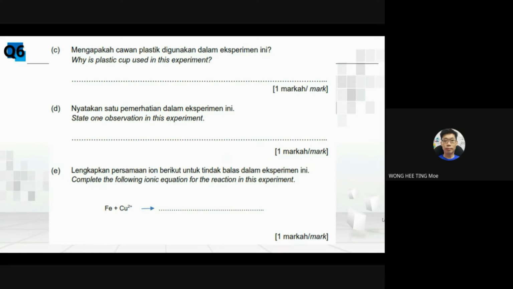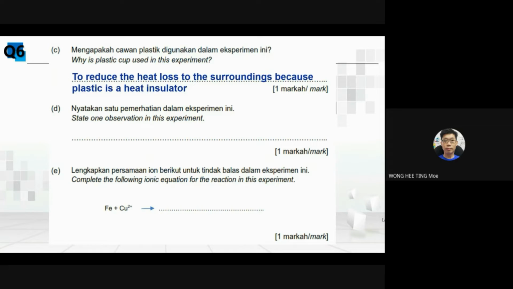Don't write prevent. Reduce the heat loss to the surrounding. If you want to mention that plastic is a heat insulator, you also can, but you must write to reduce the heat loss to the surrounding.